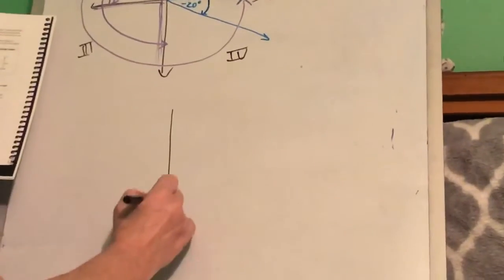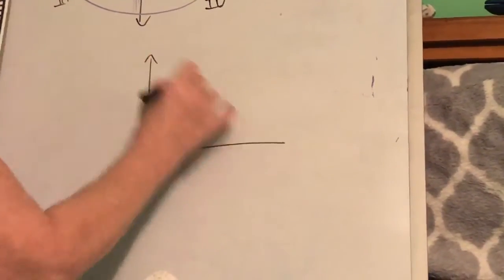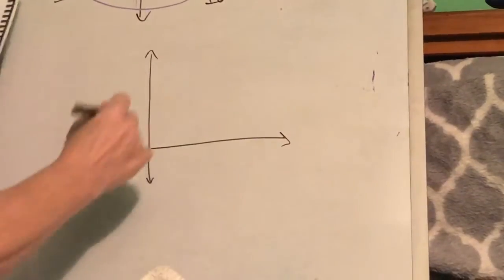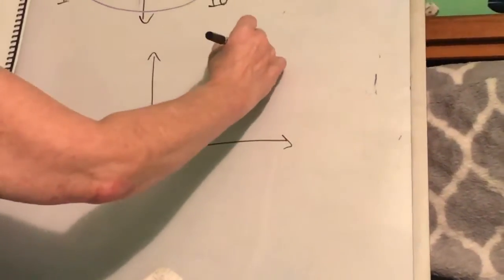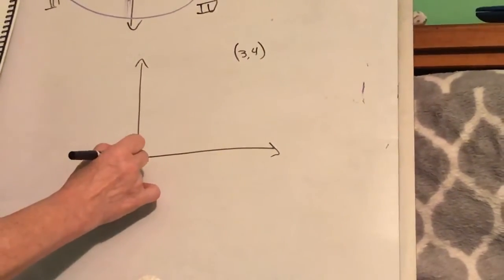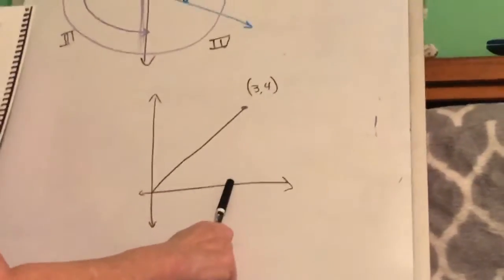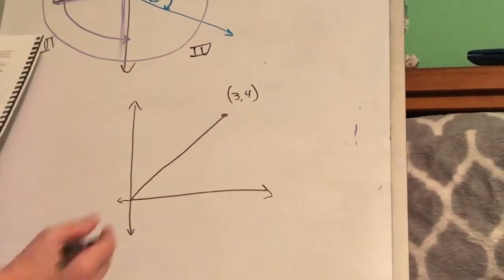So the example has us look, and you're going to be doing quite a few of these till you get a hang of it. Okay, again, we're really only working with the first quadrant here in the beginning. And it says, suppose I have a line passing through the point 3, 4. That means I'm starting here and I'm drawing up to 3, 4. That means I've counted over this direction 3 and up here 4.